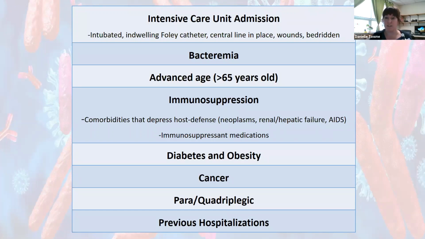Para or quadriplegic patients, because they're maybe less able to move independently to reposition, have a higher risk of, say, a pneumonia from not being able to clear secretions or cough well. Also wounds that can become septic. So just keep some of these criteria in mind as you're getting report on your patient.